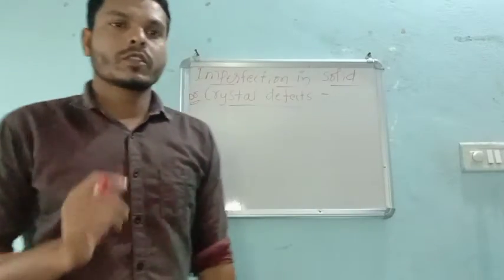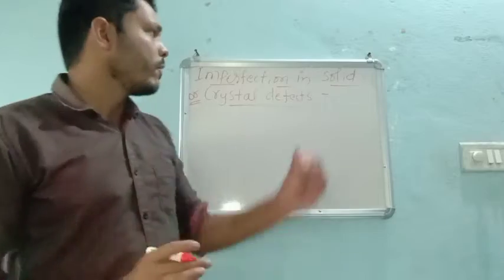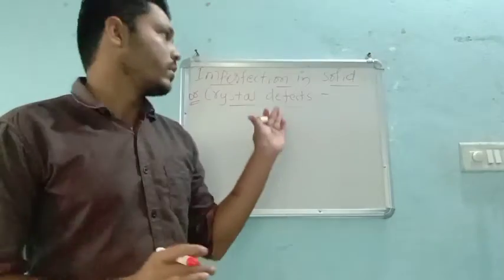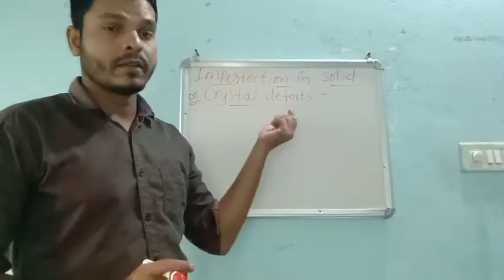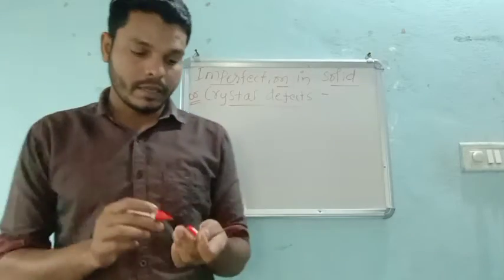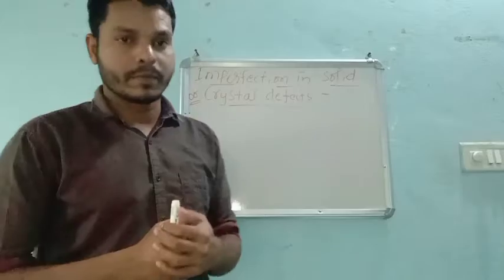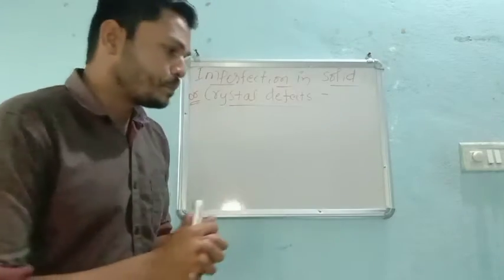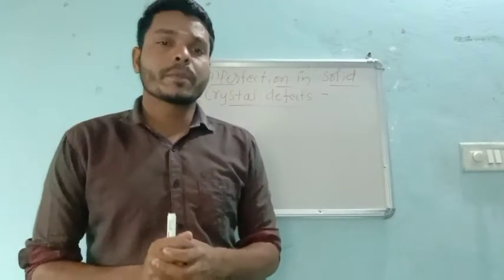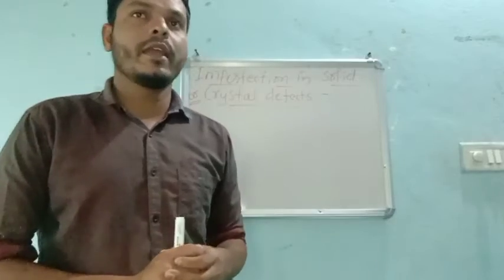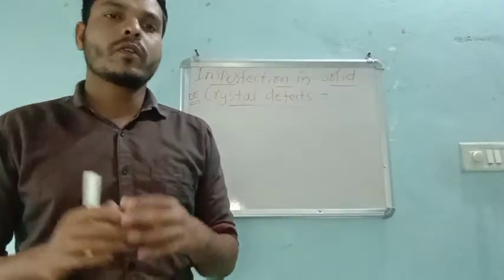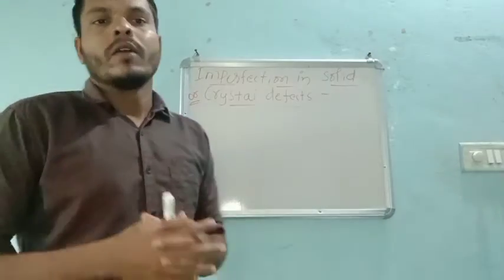Today we will go briefly with this heading, and then in tomorrow's class we will see the different types, right? So see, whenever there is a presence of solid, definitely the solid will also undergo some defects. Why?